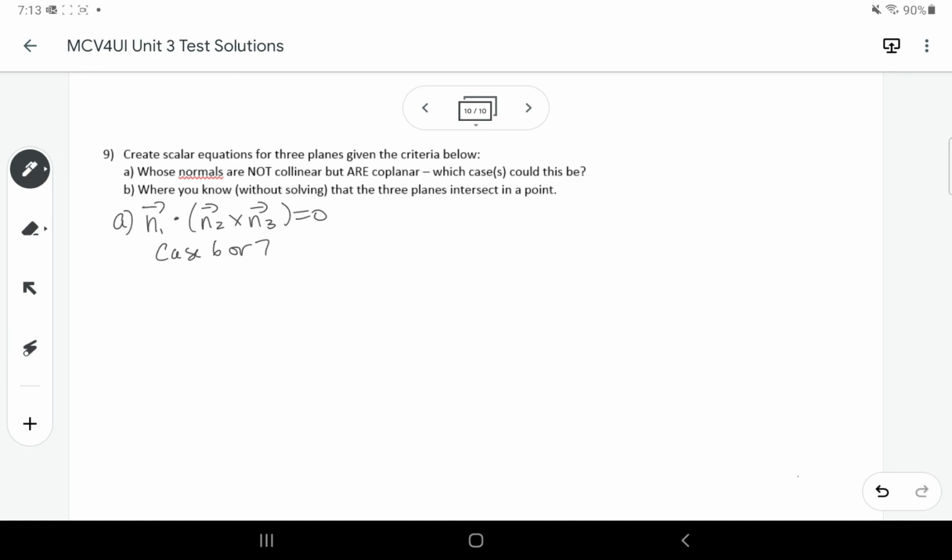So this is honestly, there's really truly an infinite number of possible solutions here. I would choose n2 and n3. Then I would do the cross product. And then I would figure out an n1 value where the dot product of that with the cross product equals 0.